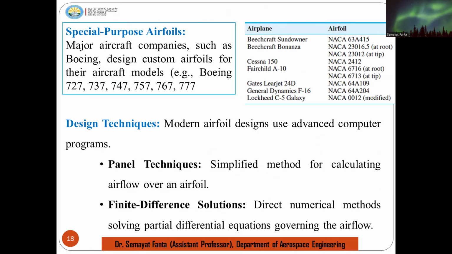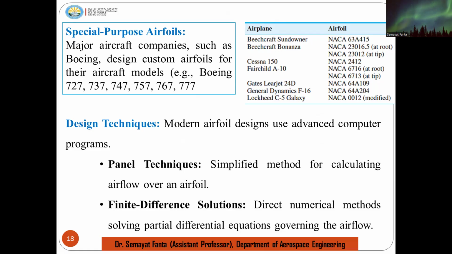We also have special purpose aerofoils, which are designed by different companies. For example, the major aircraft companies such as Boeing, Airbus, and others design custom aerofoils for their aircraft models. For example, Boeing 727, 737, 747, and so on, which they made custom designs.